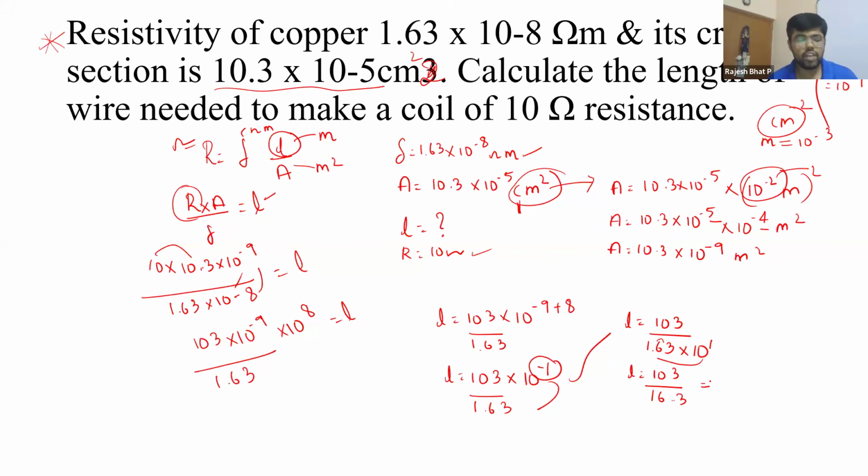So now if you simplify this, 103 divided by 16.3. There are different techniques to find this out. You can do that mathematics now. In your exam, you'll have a lot of time for science. Basically, 103 divided by 16.3, which is nothing but 6.31 meters. This is the length of wire.